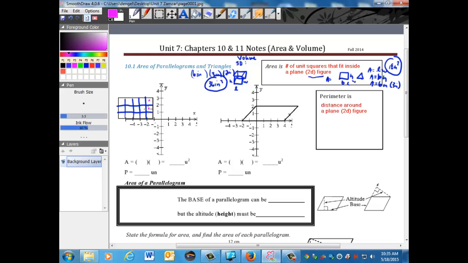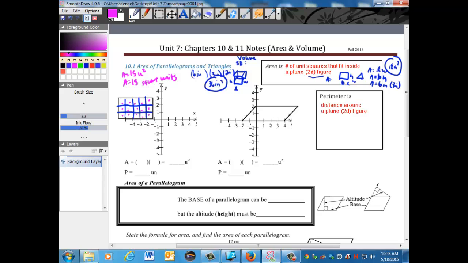So the area is going to be 1, 2, 3, 4, 5, 6, 7, 8, 9, 10, 11, 12, 13, 14, 15. We can say the area of this shape is 15 square units, because we can count and see that we have 1, 2, 3, 4, 5, 6, all the way up to 15. So again, I can say the area is equal to 15 units squared.